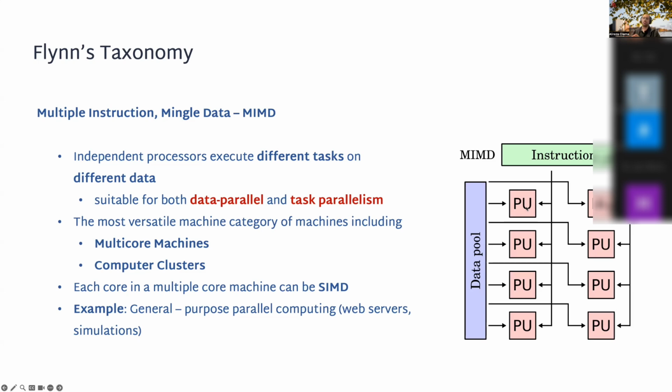So then you can have a hierarchical parallelism that you can use in your programs. This kind of architecture can be used for general purpose parallel computing, like web servers, numerical simulations, and other similar things. All right. Any questions about these four types of machines?